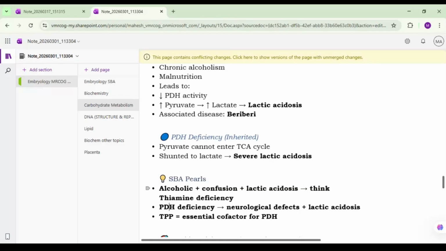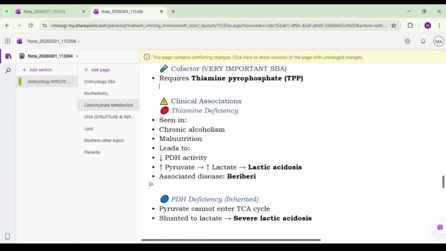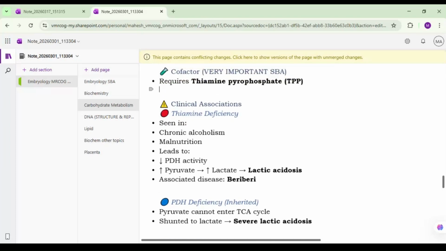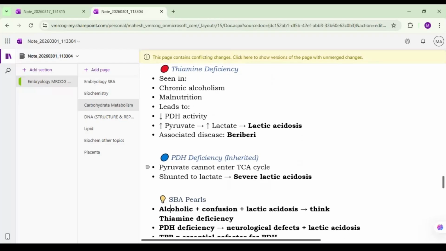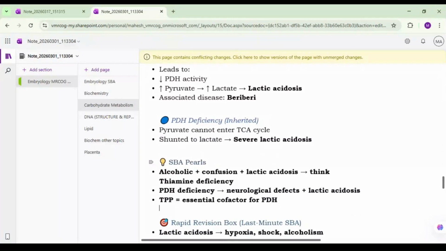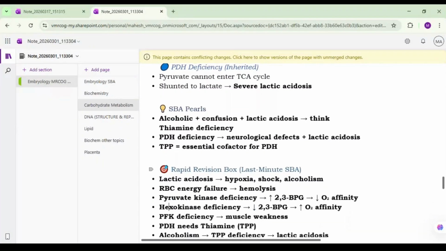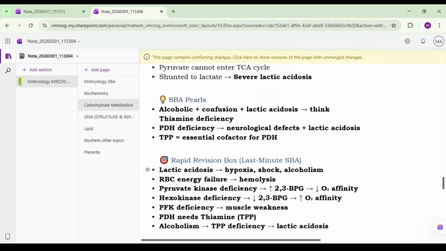And TPP is the essential cofactor for PDH. TPP, thiamine pyrophosphate, is an important cofactor for PDH. So lactic acidosis is seen in hypoxia, shock, alcoholism.